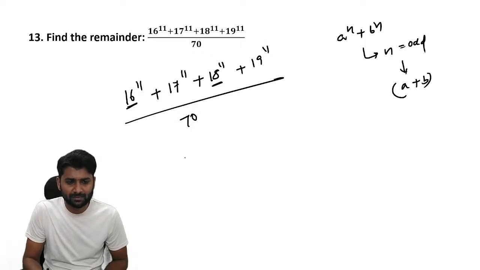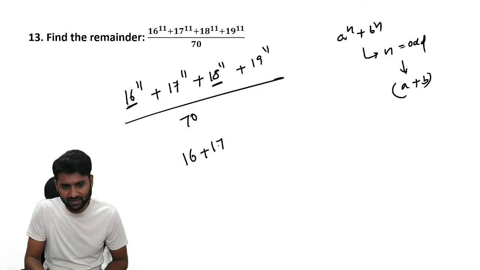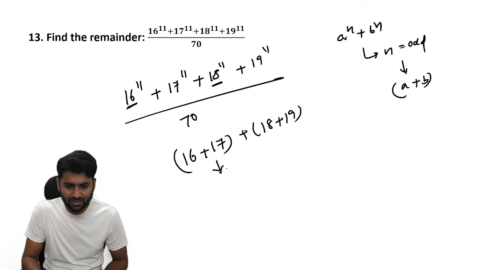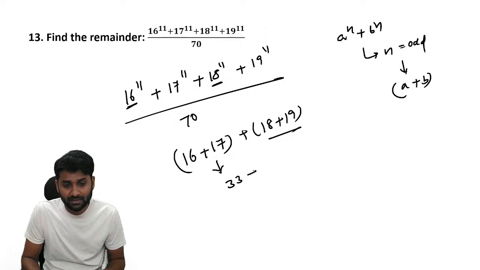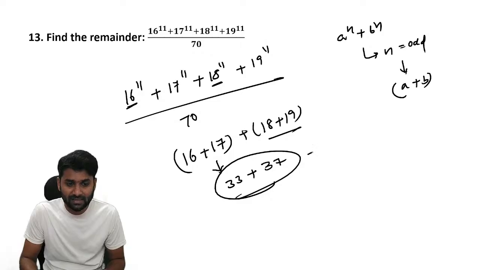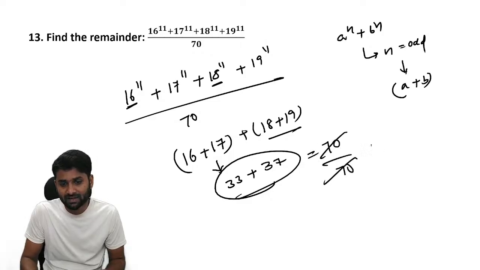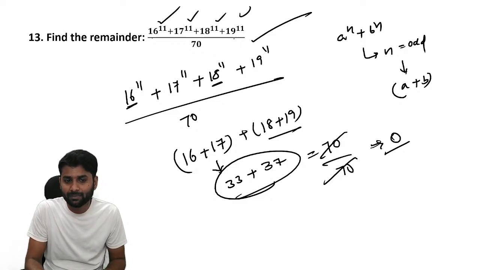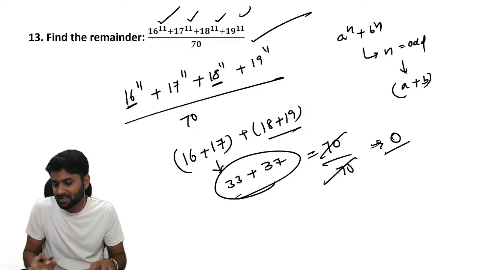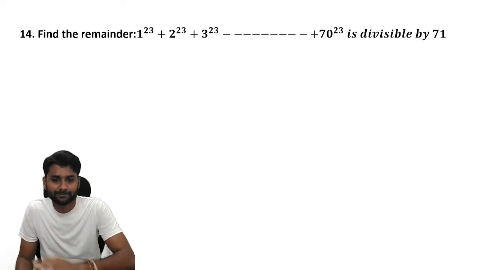Now you can use 16 plus 19 and 17 plus 18. 16 plus 19 is 35 and 17 plus 18 is 35, so the sum is 70. If 70 is divided by 70, the remainder is 0. If all the powers are the same, add the base values; if it is exactly divisible by 70, you can consider the remainder 0.